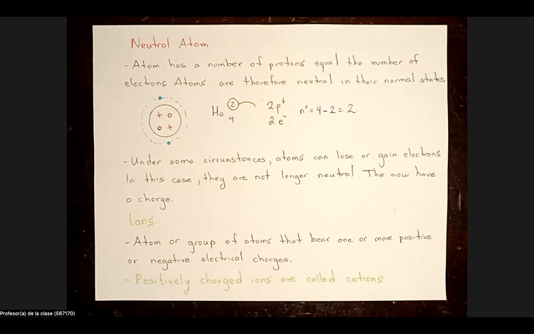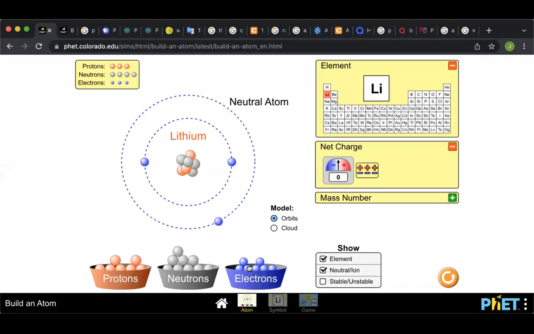So for example, let me share my screen with you. Okay, there it is. Positively charged ions are called cations. So this will be a cation, a positive ion.